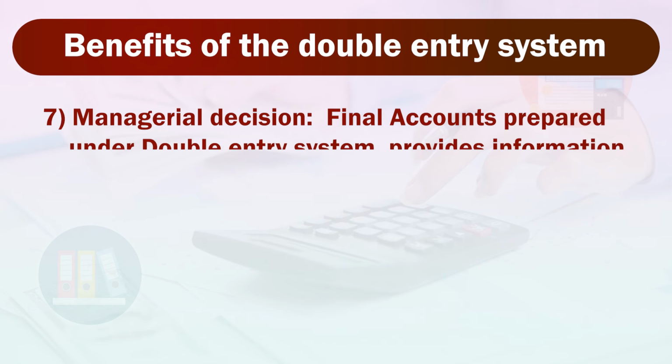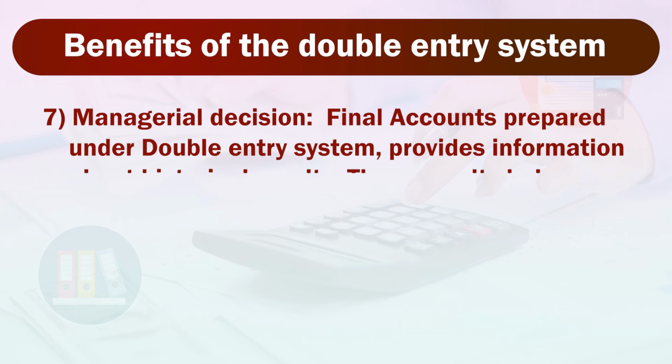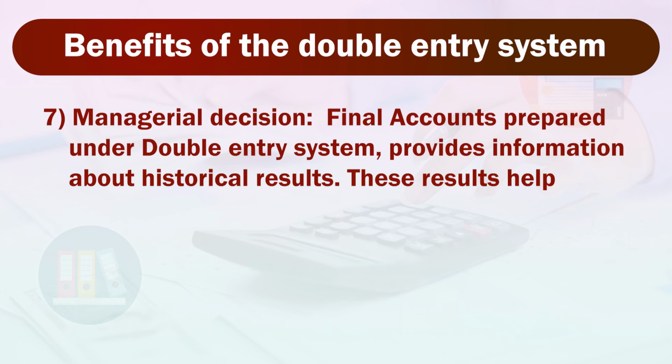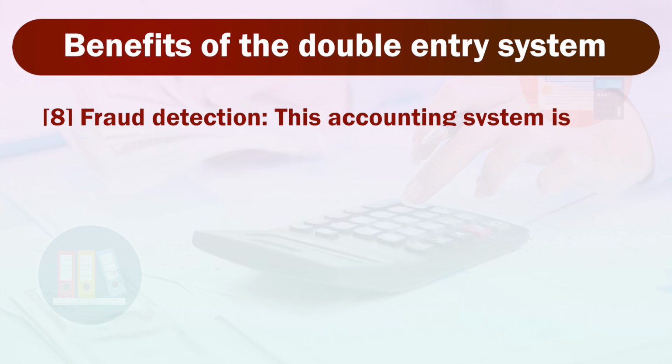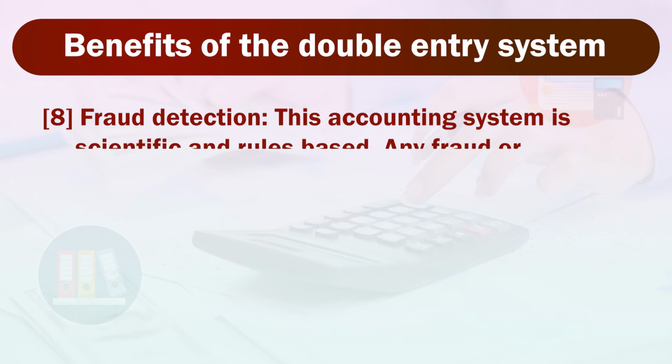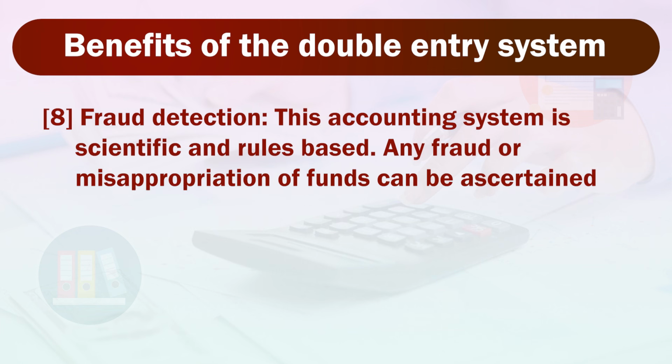Final accounts prepared under the double entry system provide information about the historical results, and these results help management to develop future strategies. Then the eighth and final benefit is fraud detection. This accounting system is scientific and rules based. Any fraud or misappropriation of funds can be ascertained through proper investigation.